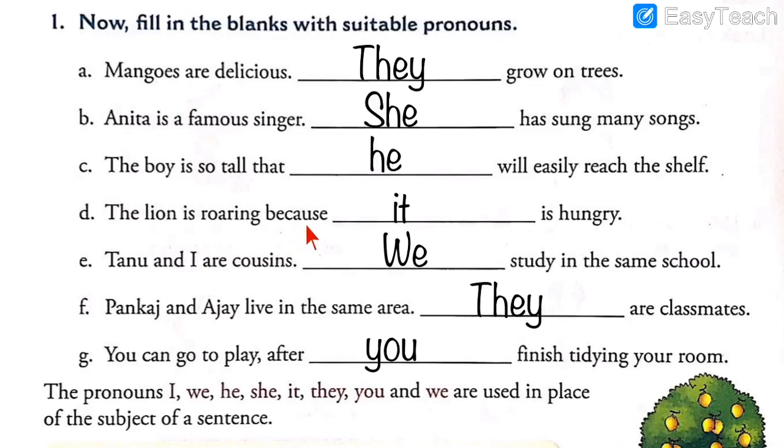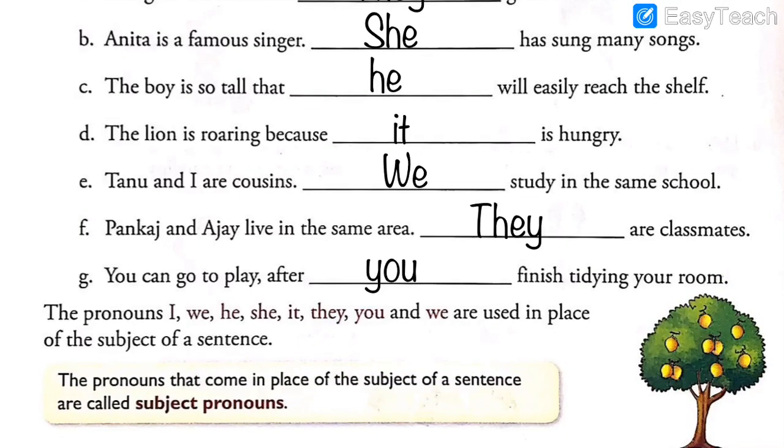The lion is roaring because it is hungry. Tanu and I are cousins. We study in the same school. Pankaj and Ajay live in the same area. They are classmates. You can go to play after you finish tidying your room. So this was exercise 1 that we had completed in the previous video.